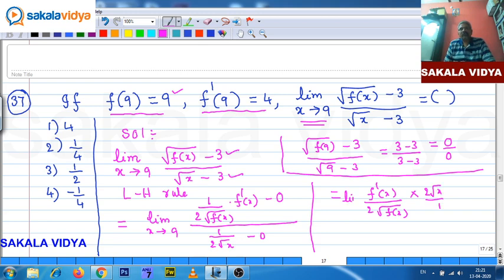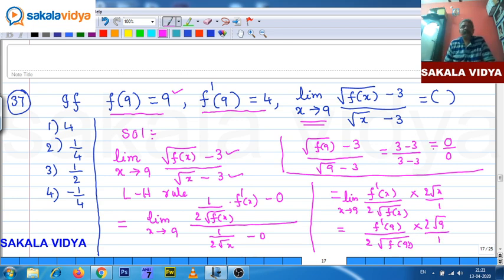Now let us apply the limit x tends to 9. f dash 9 by 2 root of f of 9 into 2 root 9 by 1.